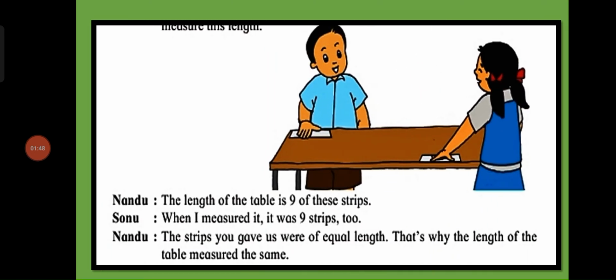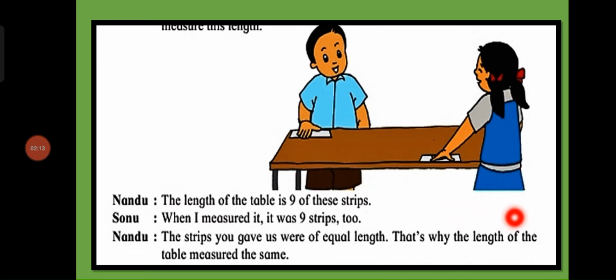So now Tai gives them the strips to measure the length of the table. Nandu: the length of the table is 9 of these strips. Sonu: when I measured it, it was 9 strips too. Nandu: the strips you gave us were of equal length.